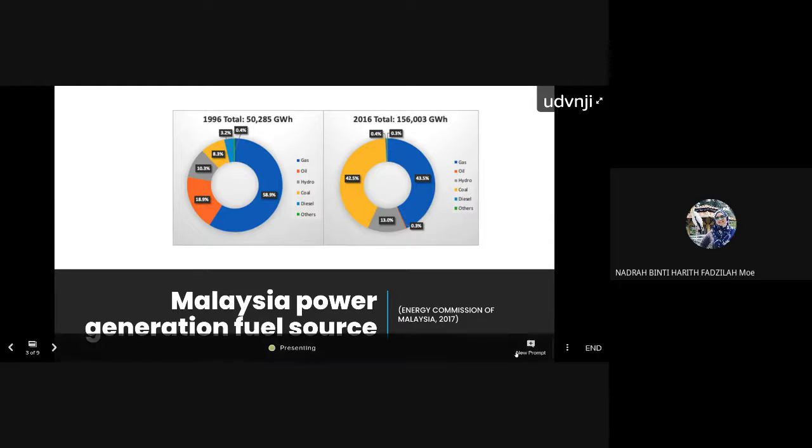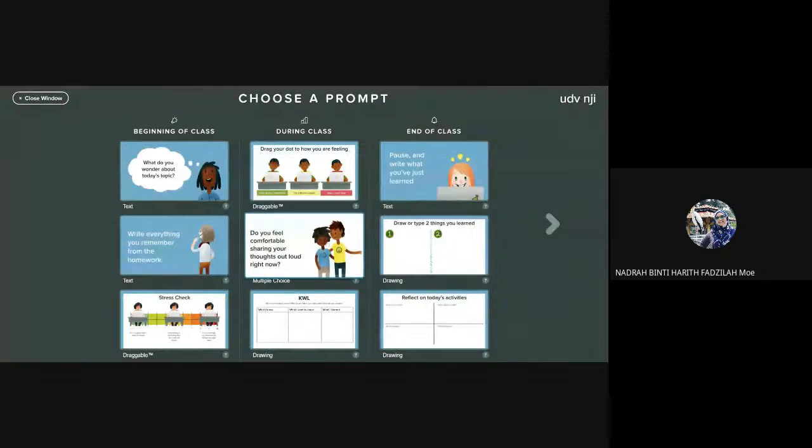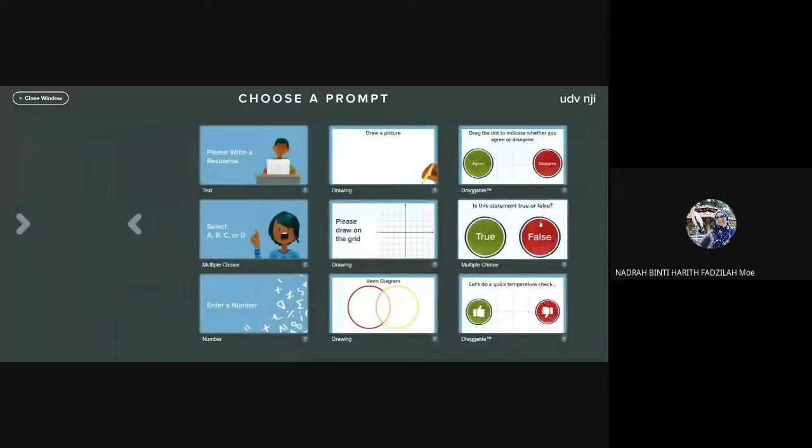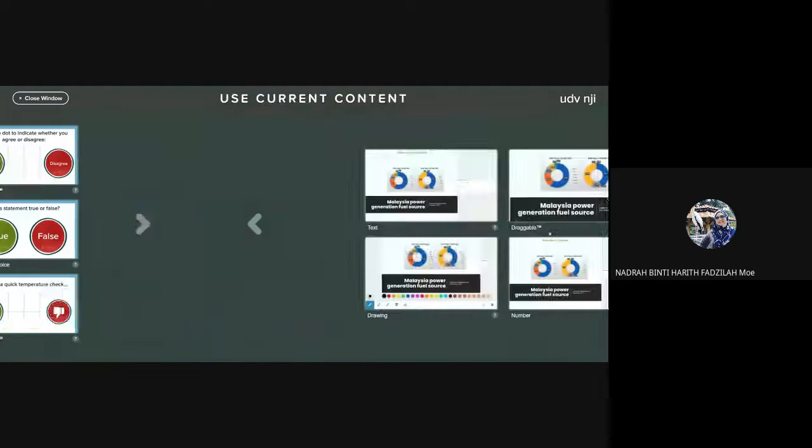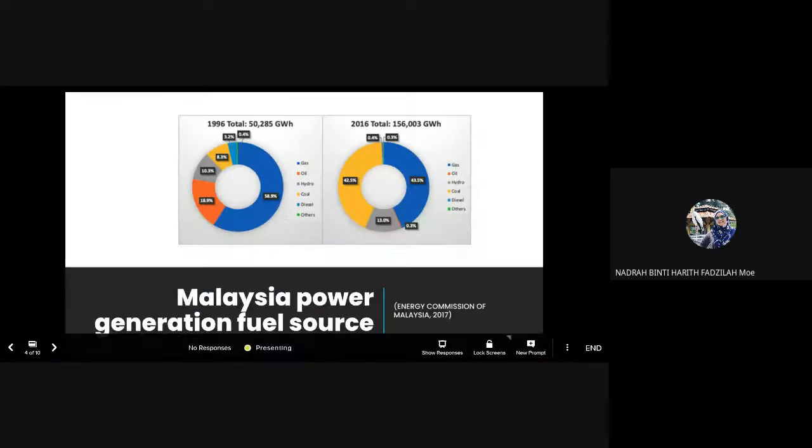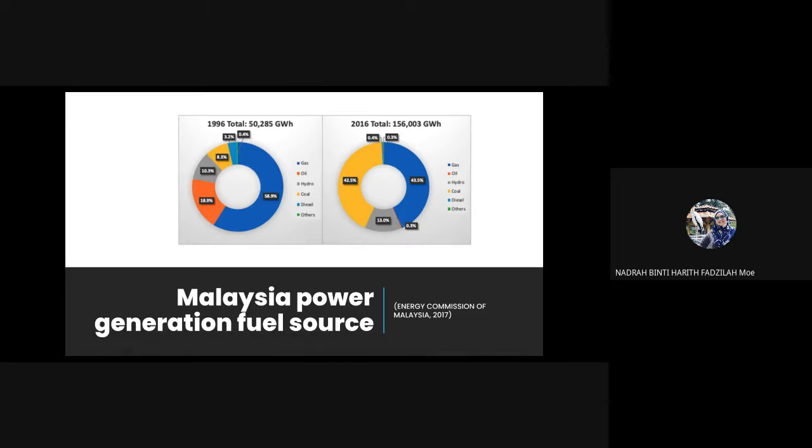Based on your observation, can you give at least one observation, based on the graph given, antara 2016 dengan 1996 tu, apa yang kamu boleh observe, apa yang berubah. Okay, saya ulang balik ya, based on the pie chart given, what changes can you see between 2016 and 1996?